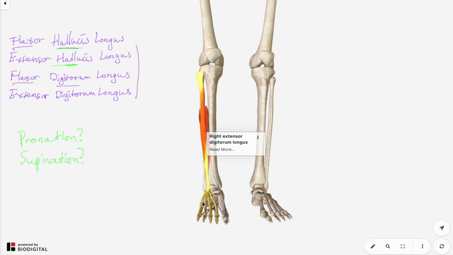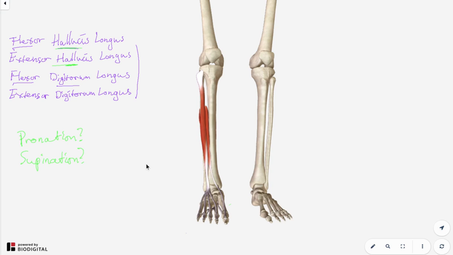These digits are on the lateral side, so it makes sense, and we can see just along the path of this tendon that when it contracts, it's going to pronate the foot. So when this muscle contracts, it's going to extend the toes, dorsiflex the ankle, and pronate the tarsus. And that makes sense because it's on the lateral side, and we can remember that because it's a digitorum muscle, and the digits are more lateral than the hallux.